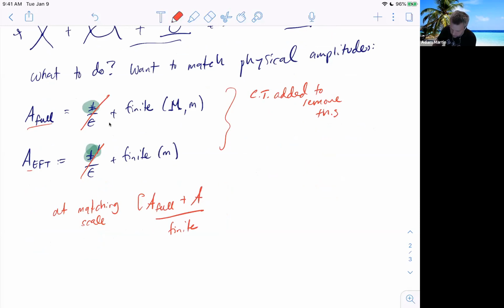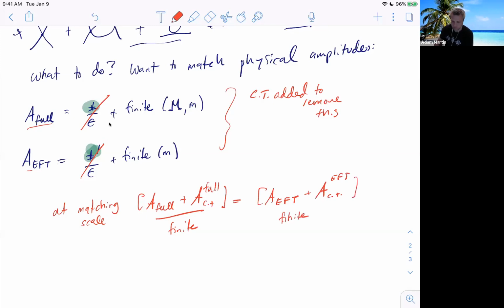The full theory would have its own Z's, the counterterms, and those are dialed to remove those epsilons, because we're comparing physical quantities. And we're going to set this equal to the amplitude in the EFT. And of course, we have to supplement that by the EFT's counterterms, because we want to get a finite physical amplitude in the EFT.